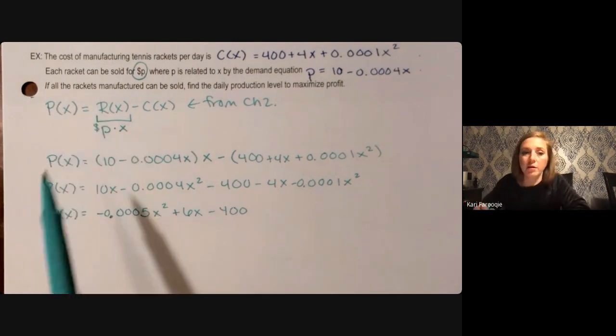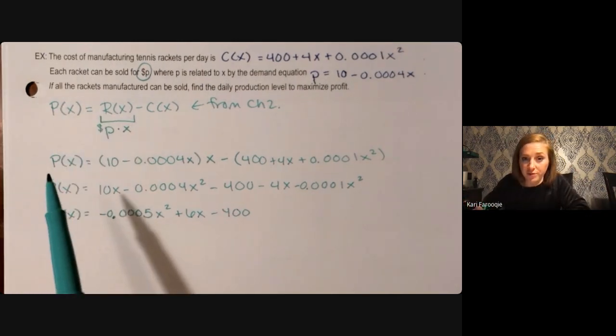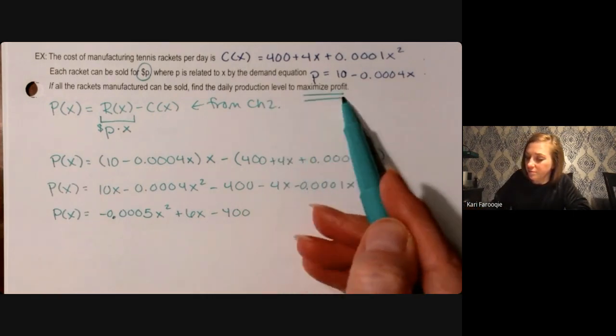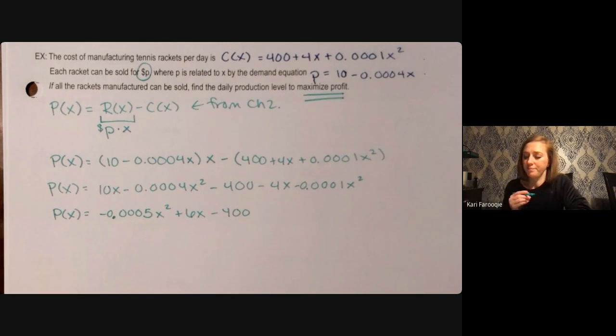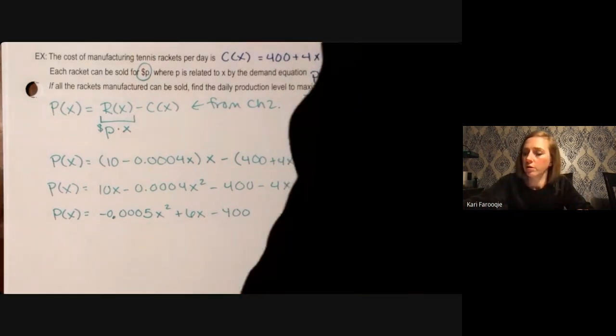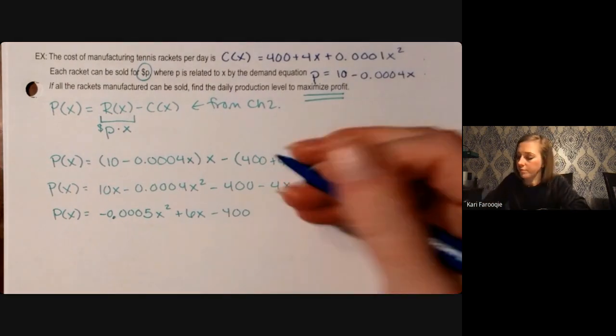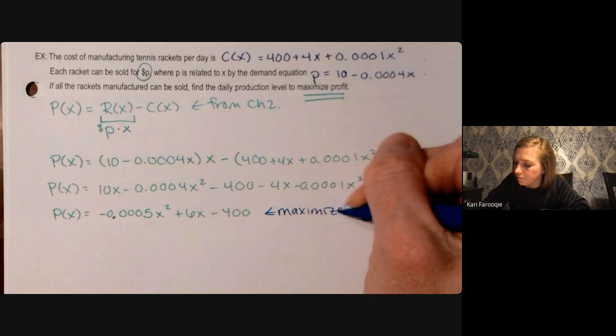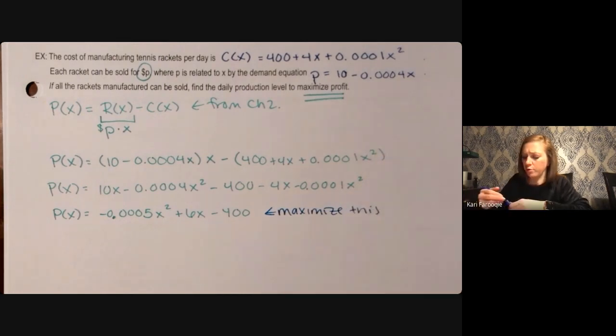Now, we found a profit function, and you were told to maximize profit. So this is what I'm going to maximize. Now, don't panic if you're like, I have no idea what you're talking about, maximize product. Well, I said product again, profit.